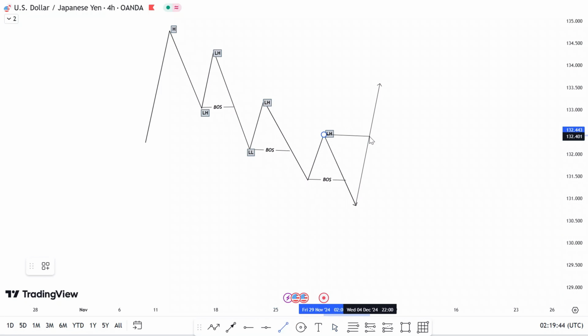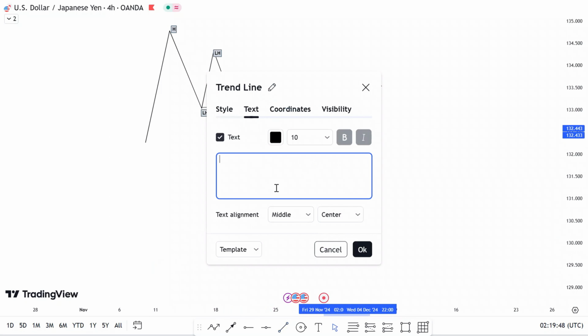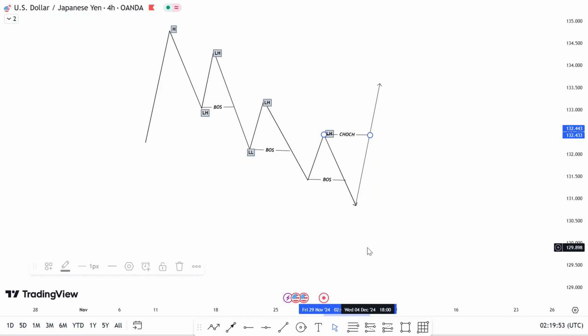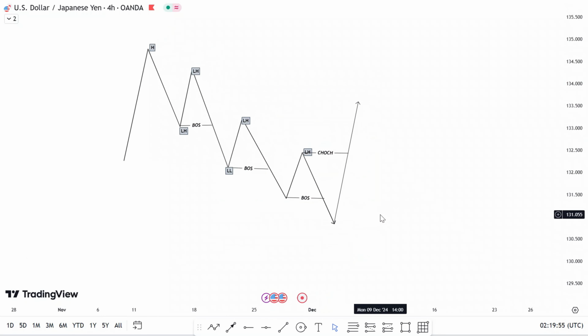Then you can validate that this market has changed from a downtrend. Now the market is in an uptrend. So if it does something like this, this will now be a change of character.